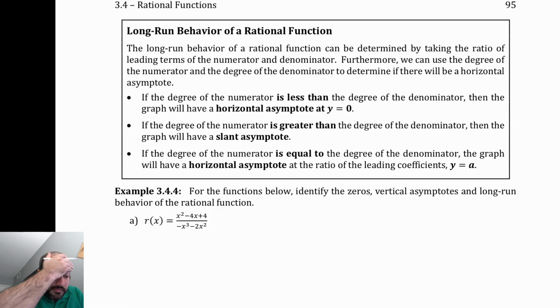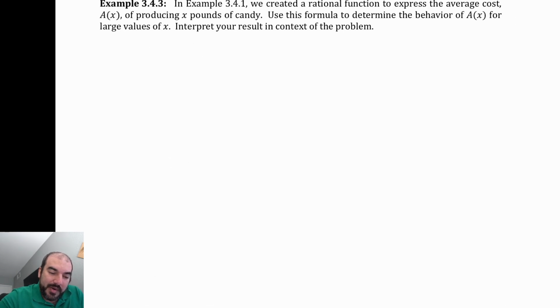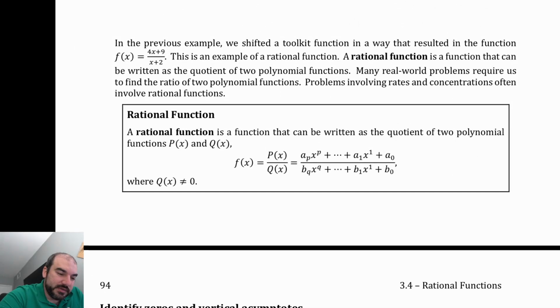Okay, let's talk about long run behavior because this one is a little bit tricky. If we have a rational function, remember a rational function looks like this. It is some kind of polynomial divided by another polynomial.